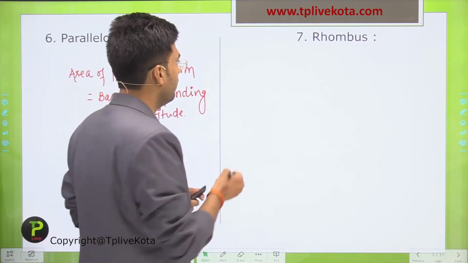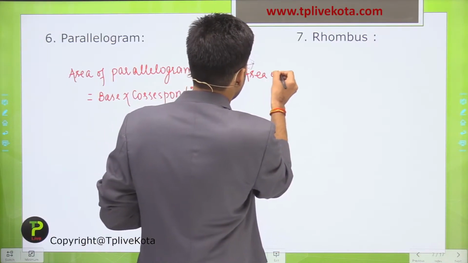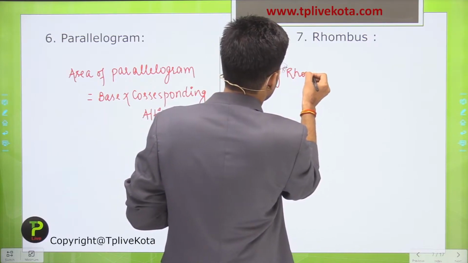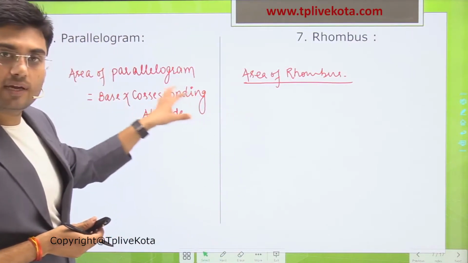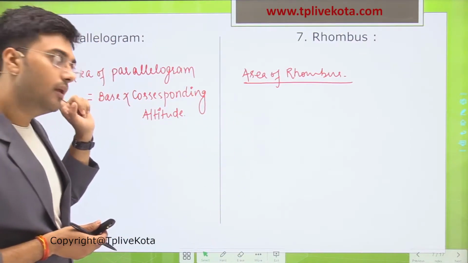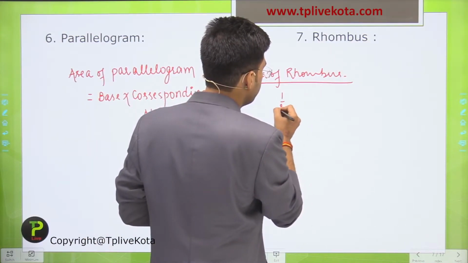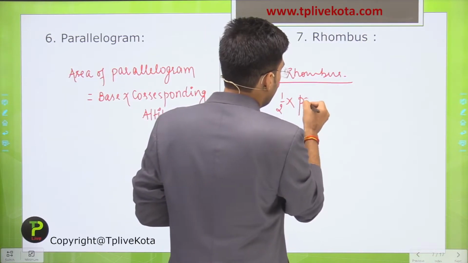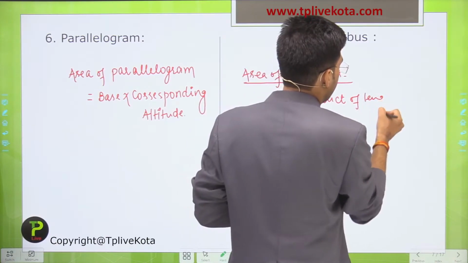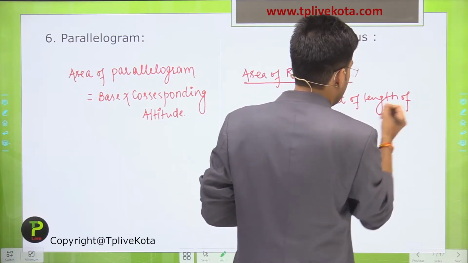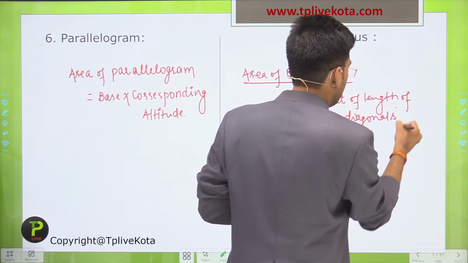Now what is the area of a rhombus? We can find the area of a rhombus by the formula for the area of a parallelogram also, but we have a specific formula for the area of a rhombus. It is half multiplied by the product of the lengths of the diagonals.